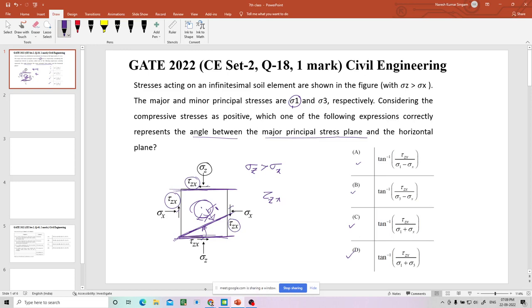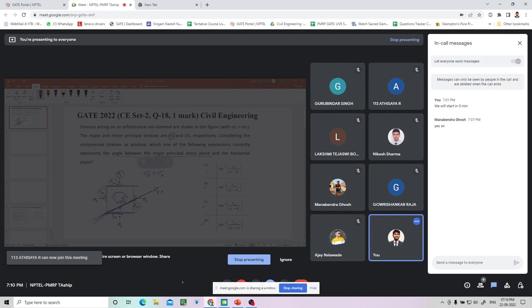So can one of you tell me what is the shear stress value on this plane, the plane which is highlighted? Can someone reply? Anyone? You have been listening to this. Yeah, tell me.